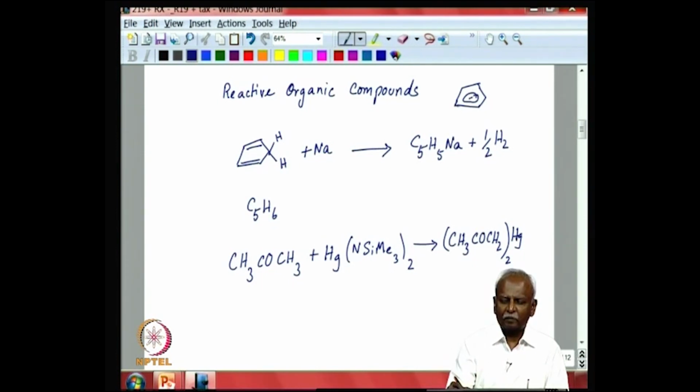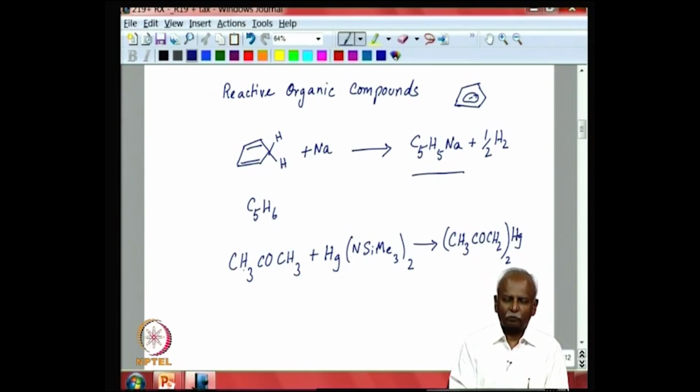So, that is a very stable system, and so the formation of this sodium organometallic, which I have pictured here, is very easy by directly reacting sodium with cyclopentadiene.